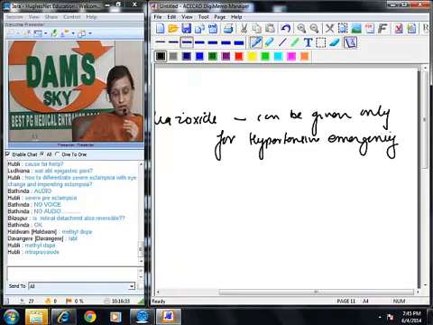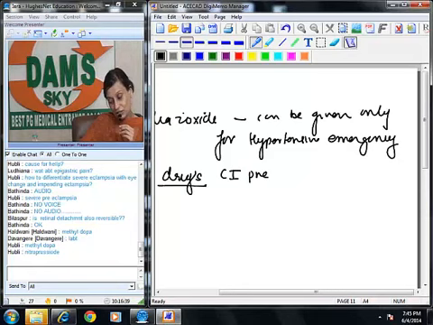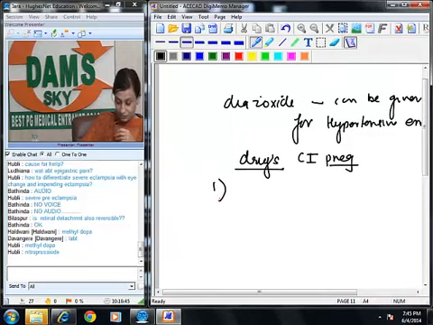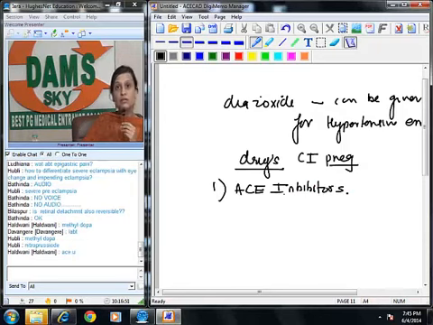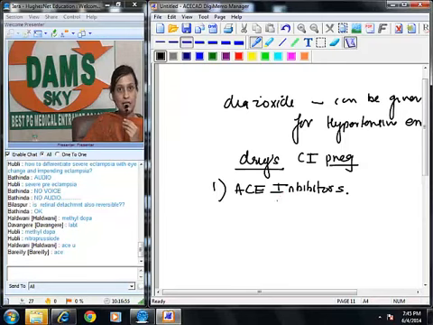Now that becomes the next important question. What are the antihypertensive drugs contraindicated in pregnancy? ACE inhibitors are contraindicated.